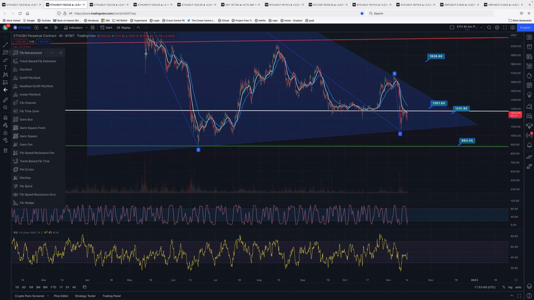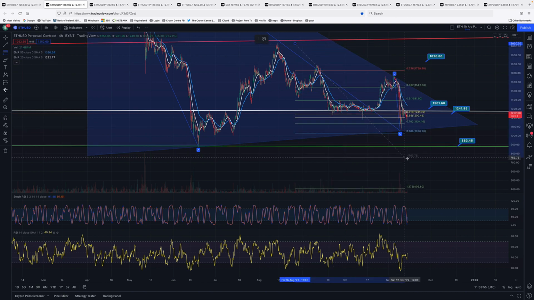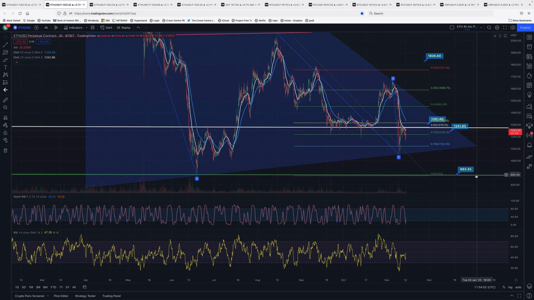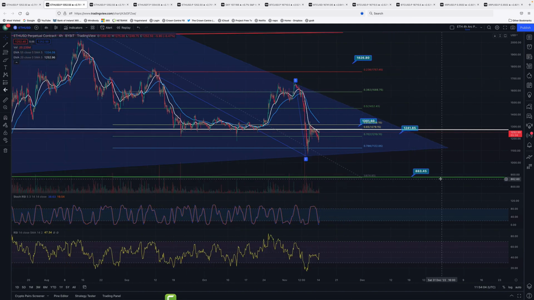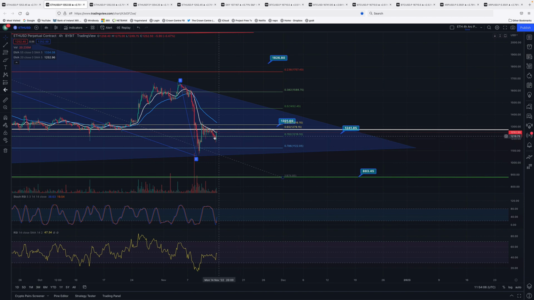Let me check to see how big of a correction it was here. This was a 786. So this whole swing did a 786 correction. And now what it's done today, it went up and back tested the previous support and resistance line, and it back tested the previous golden pocket support and resistance level.